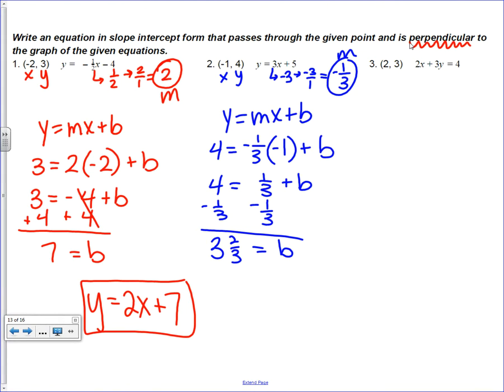Awesome. You got a final answer for me then, sir? Okay, what was my slope again? Negative 1/3? So negative 1/3 x and then plus your 3 2/3. Again, I tell you folks, remember, you use the new slope that you made, not the original slope.